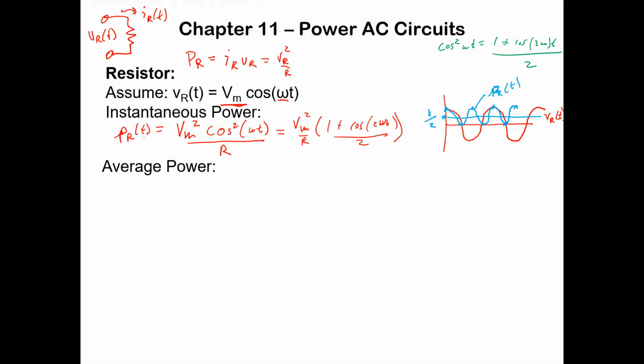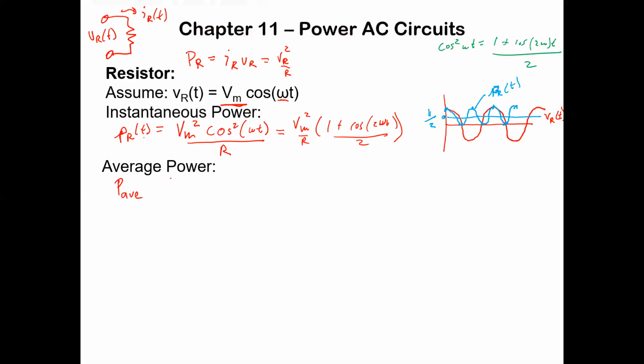Now, what's interesting to engineers is what's the average power, right? If you're going to do all that, what's the point of this 120 hertz thing? We really want to know on average how much power we are getting, because sometimes it's high, sometimes it's 0. So for most purposes, what we're interested in is P average.